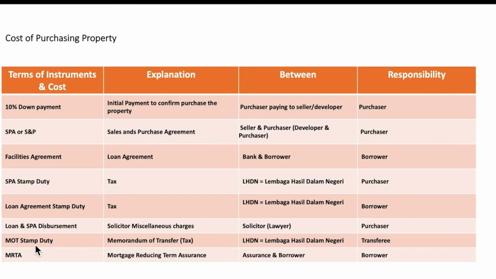The last two, MOT stamp duty. This is the most heavy tax that you need to pay. But if you're buying a new property, especially like condominium, service apartment, you will pay this only after the property completion. After VP, within 12 to 24 months, you need to pay the stamp duty. We call it memorandum of transfer. It's transferring the title, transferring the ownership from the developer to the buyer, to the purchaser's name.